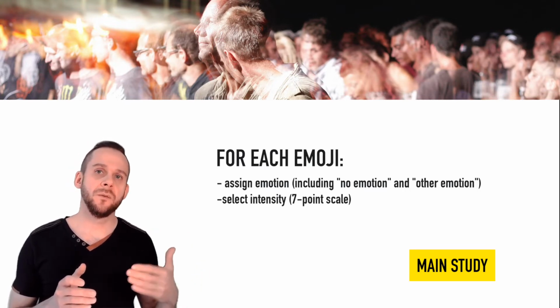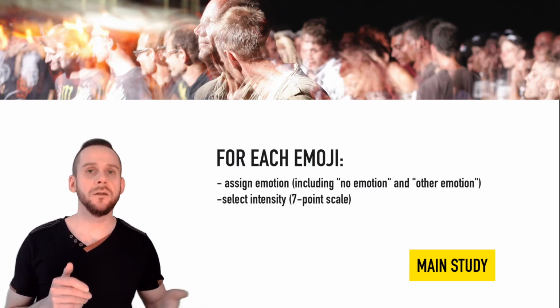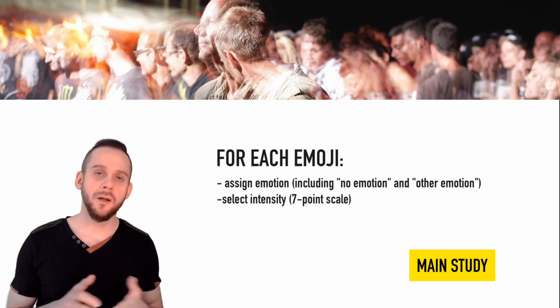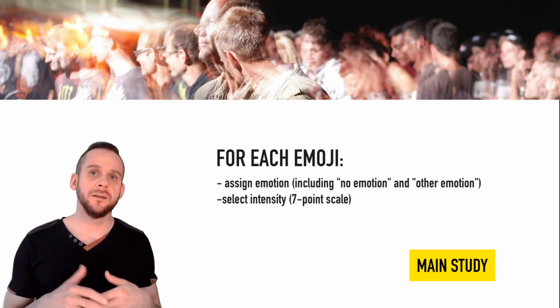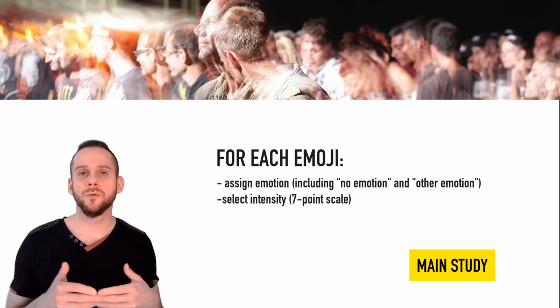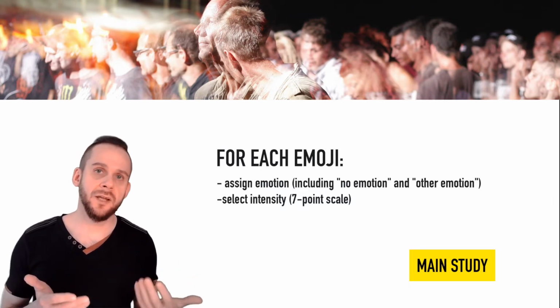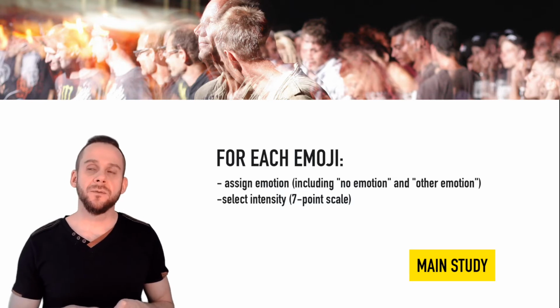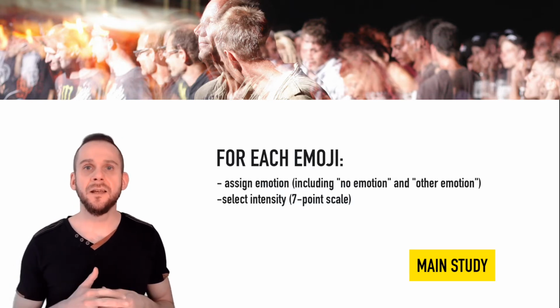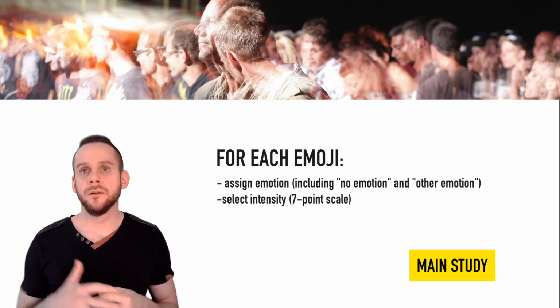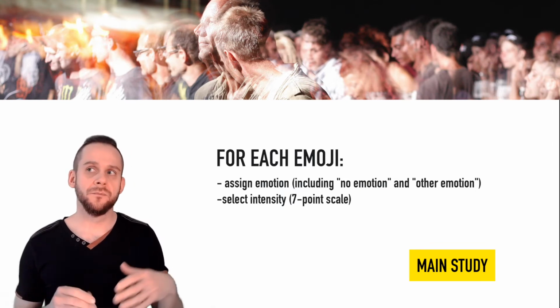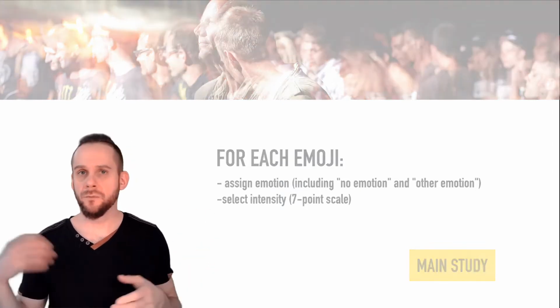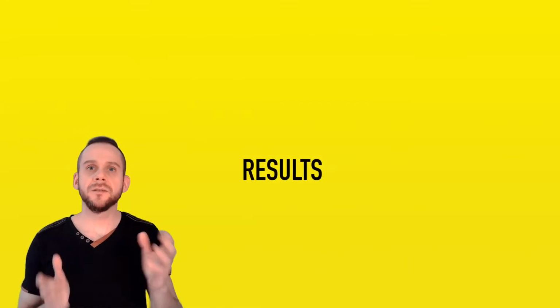They could pick from the predefined categories such as anger, happiness, sadness, and so on, or they could also say that it is no emotion, or they could provide their own emotional label if they would like to. Then the participants have to assign the intensity using a 7-point scale, which ranges from, for instance, a little happy to very happy.